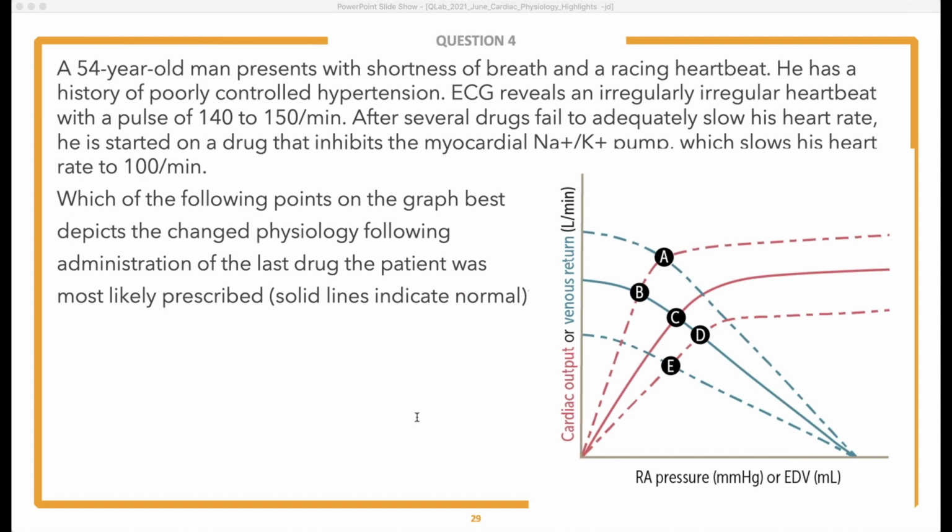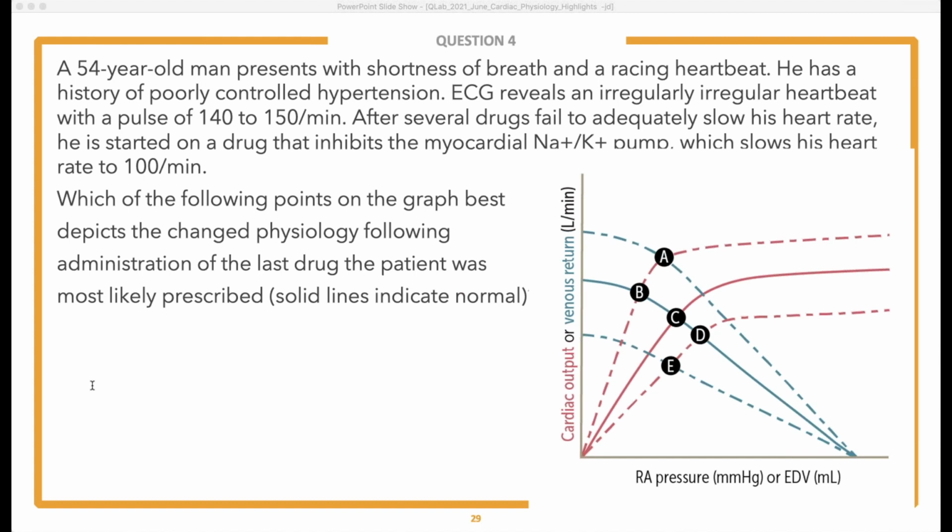A 54-year-old man presents with shortness of breath and a racing heartbeat. He has a history of poorly controlled hypertension. ECG reveals an irregular heartbeat with a pulse of 140 to 150.